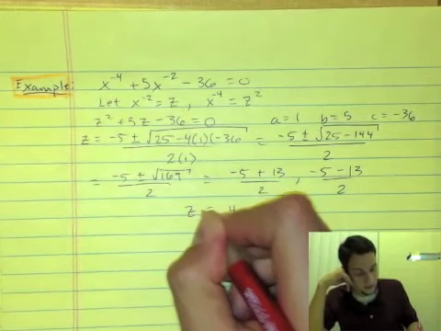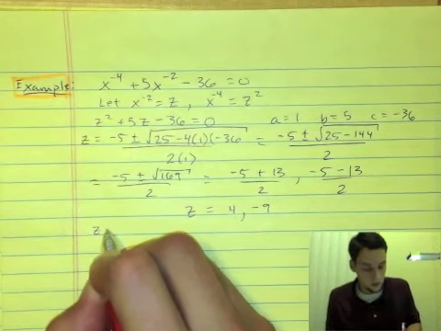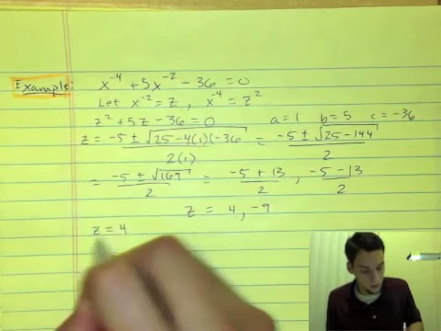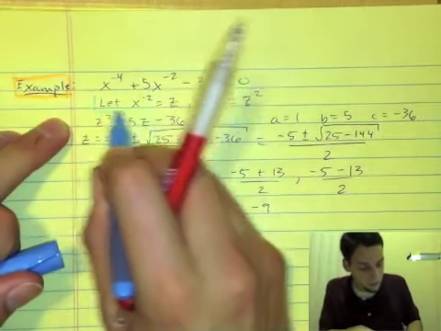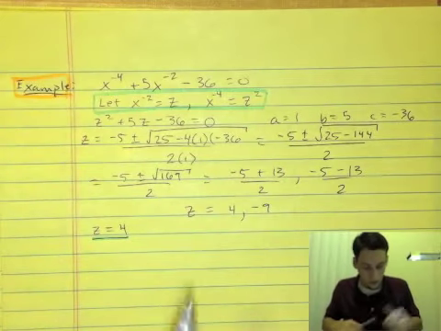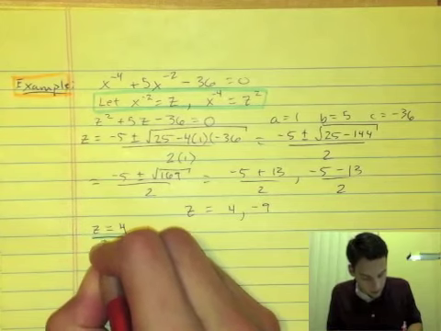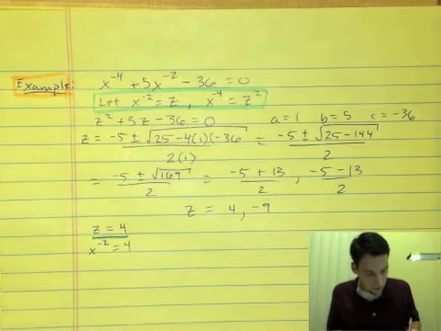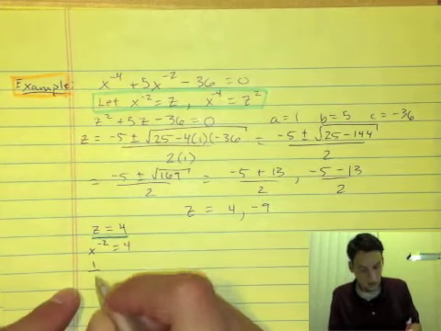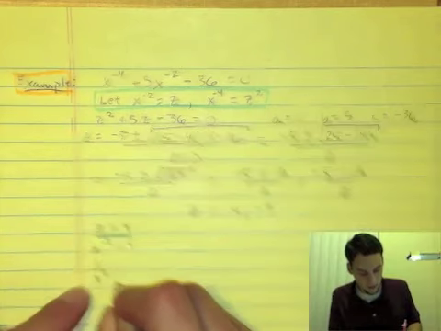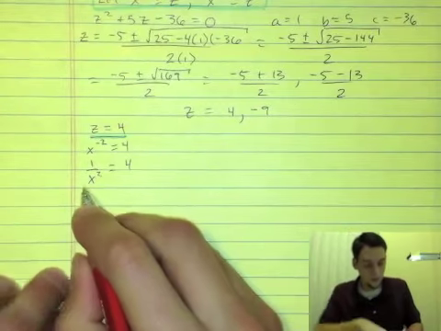So this is z, and we don't want z, we want x. So we still have to figure some things out. So when z equals 4, we can use these equations. When z equals 4, x to the negative 2 will equal 4. So what does this mean? We can flip this over. It's a crying baby, right? 1 over x squared equals 4.